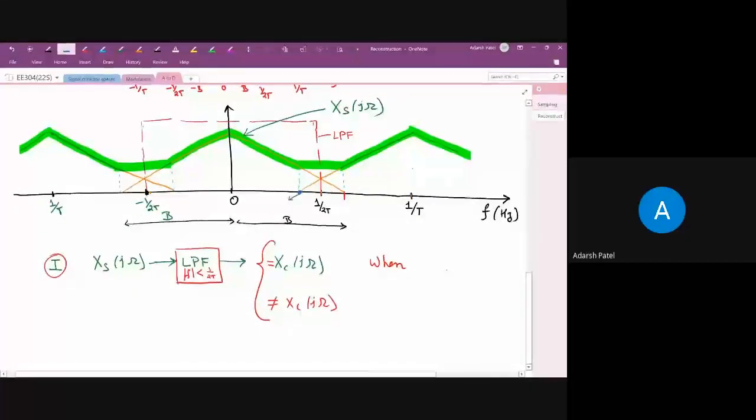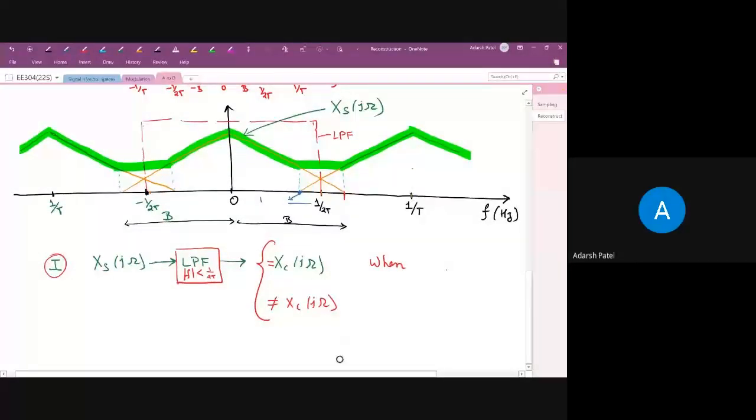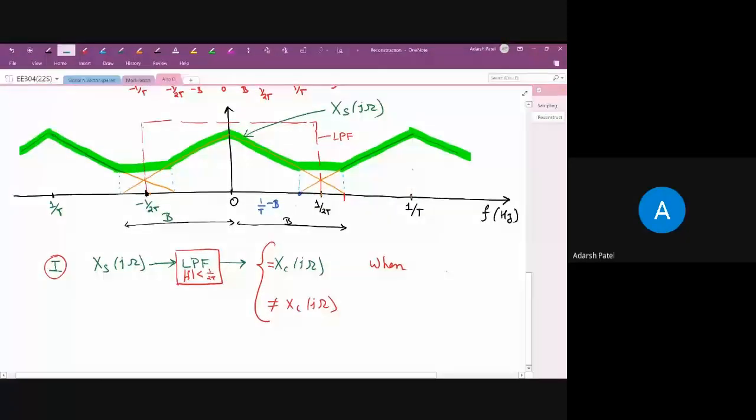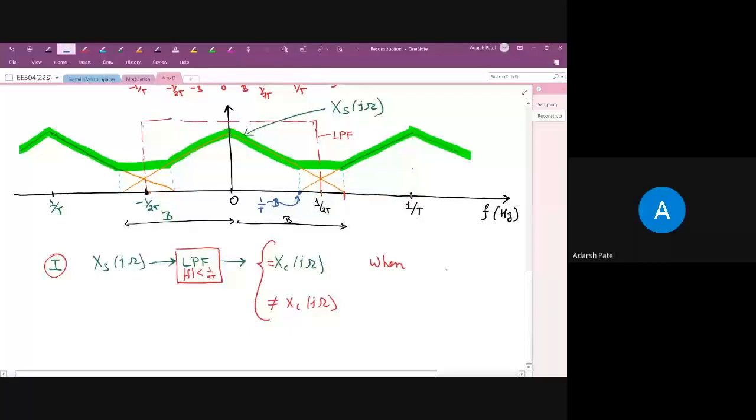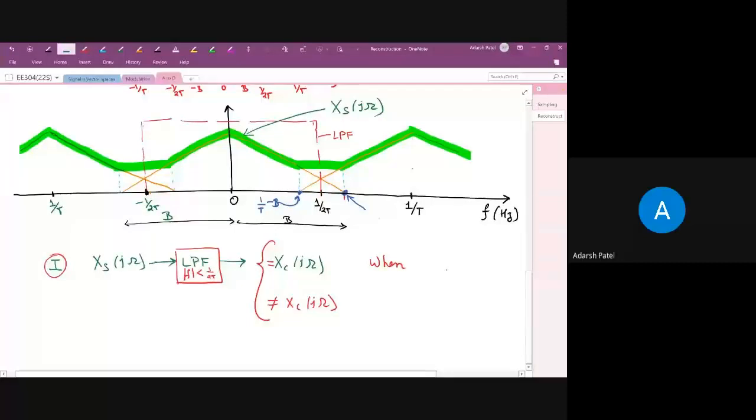This point is defined as 1 by T minus B. Let's derive this also, 1 by T minus B. And what is this point? This point is B.